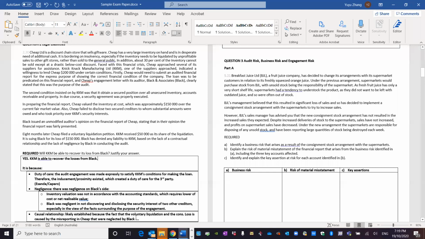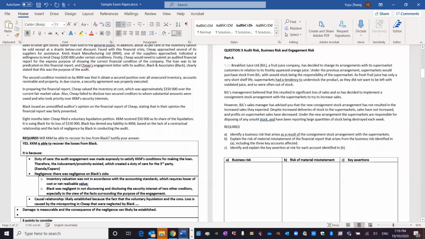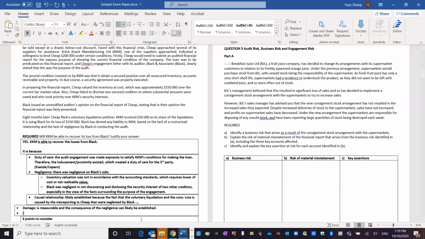Let me add in. So here, you could also talk about contributory negligence if relevant to the case.